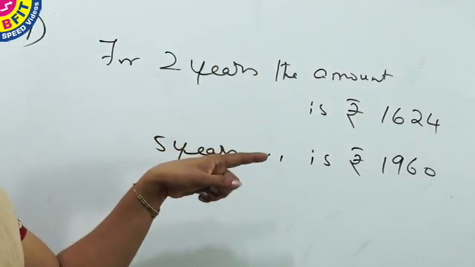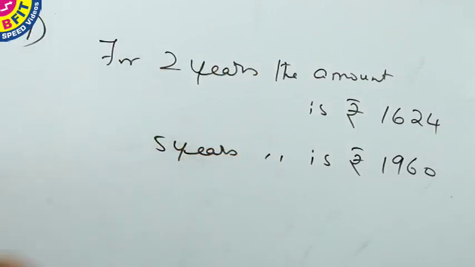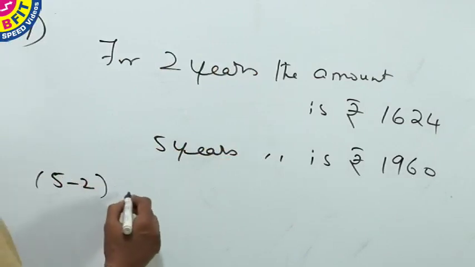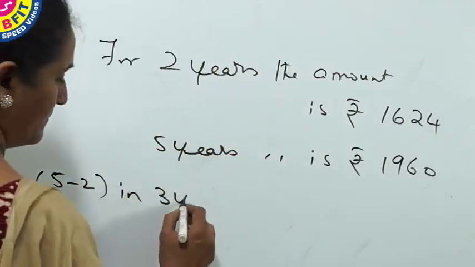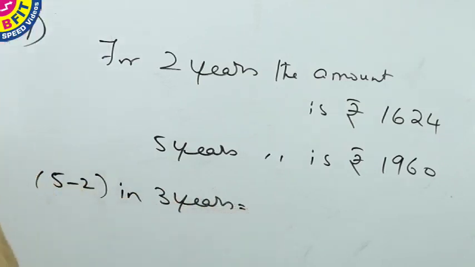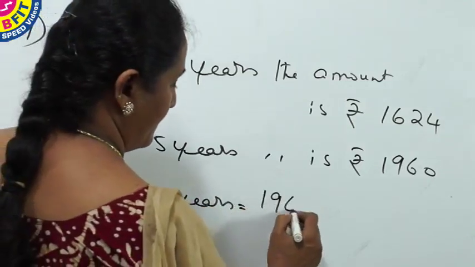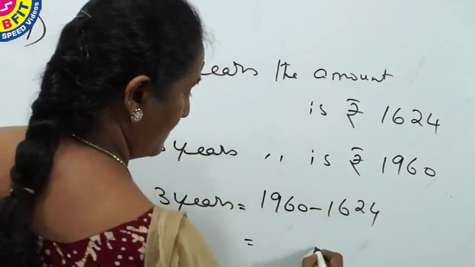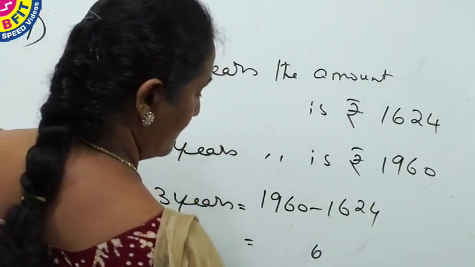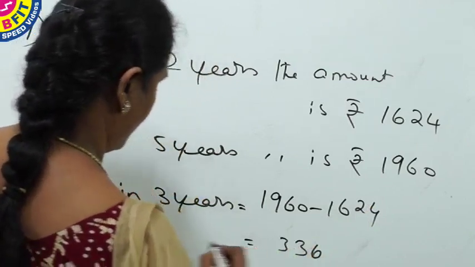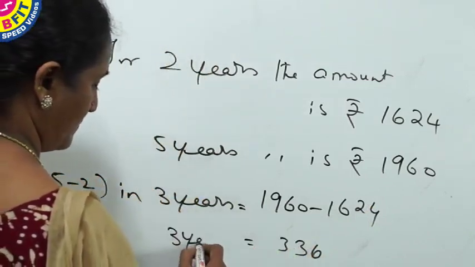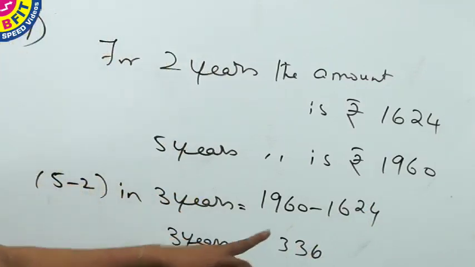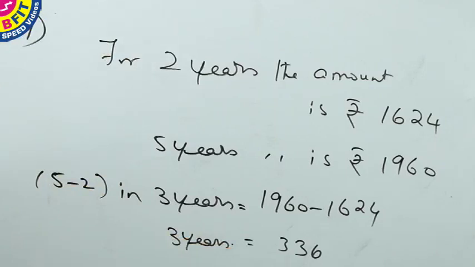So the difference in amount for the difference in years, that is, 5 minus 2, so in 3 years the excess amount, the interest, is 336.